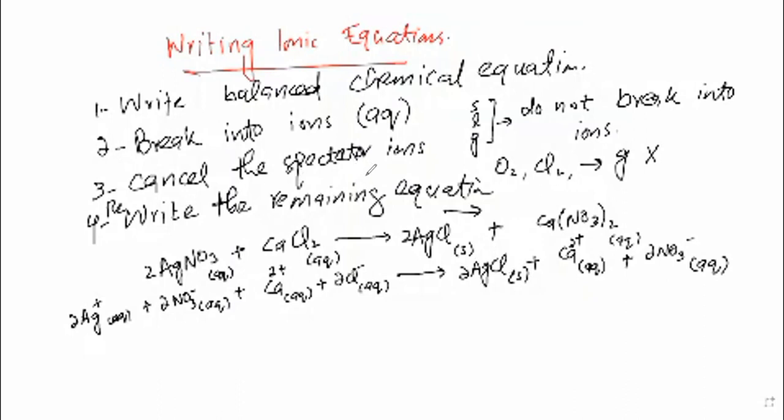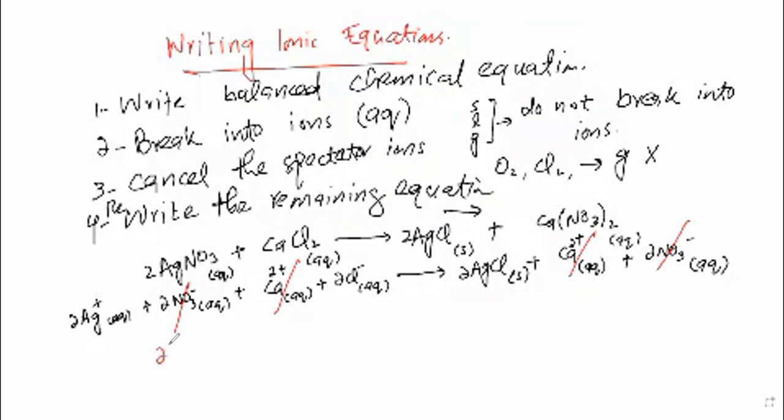Cancel the spectator ions, which are not taking part, which remain unchanged on both sides of the equation. So we call them spectator ions, which do not change. If you see, calcium remains the same. 2NO3, and here we also have 2NO3. What is left?